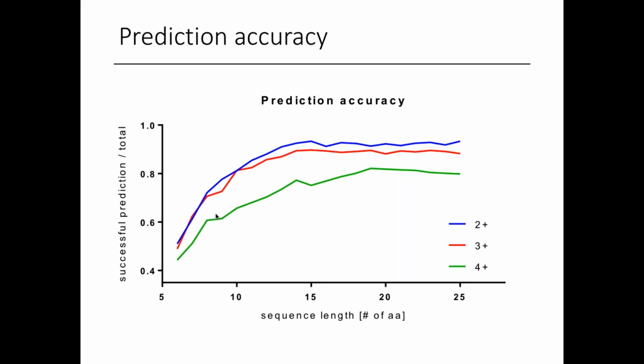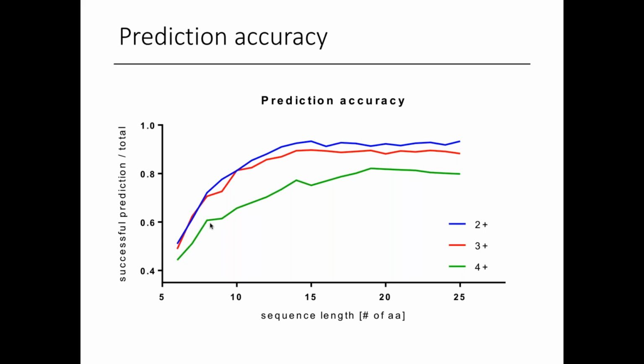Our training data set consists mostly of charge 2 and 3, so we think charge 2 and 3 get enough training data, and charge 4 didn't. I think the charge 4 prediction can be improved by training on more data.